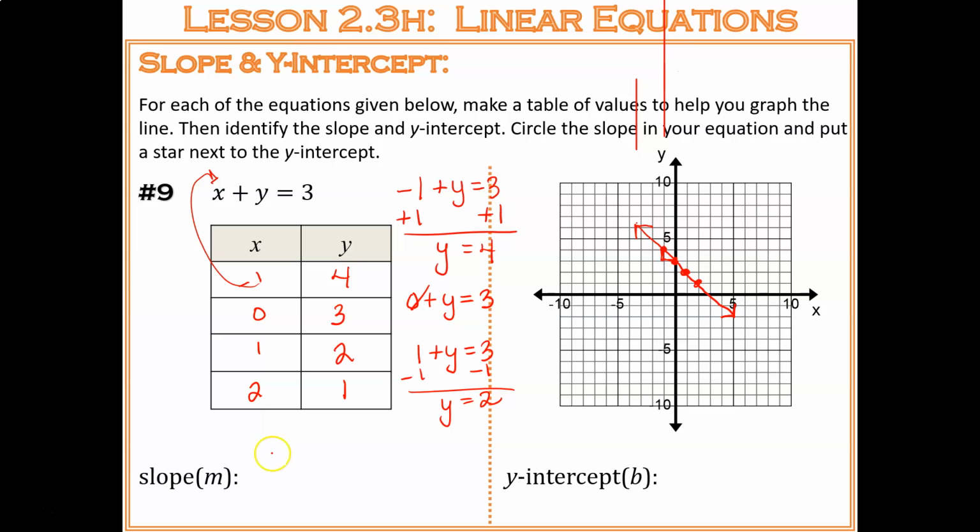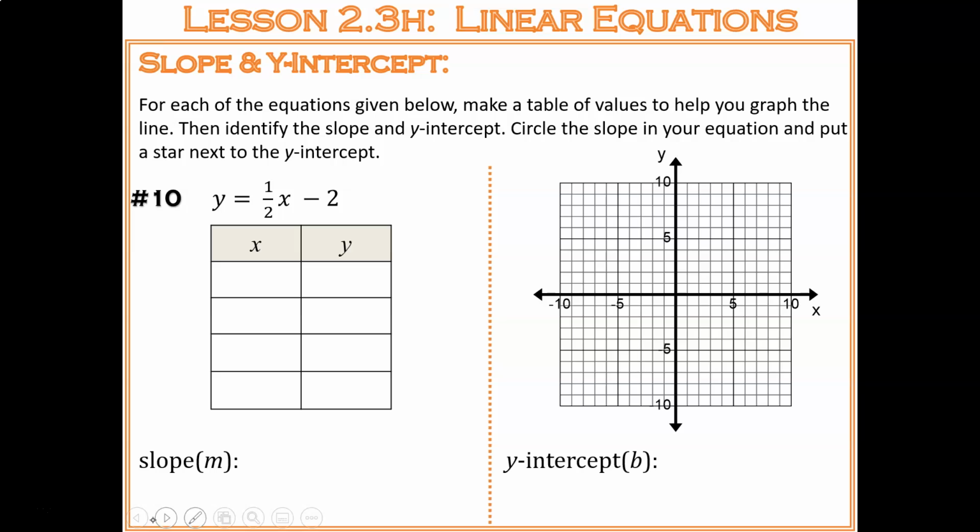I have down 1, right 1. Down 1, right 1. So our slope is -1. Okay? And if we look at the graph we drew, we cross the y-axis at +3. So that's where our y-intercept is. You don't always have to get it off the equation. You can get it off the graph too.